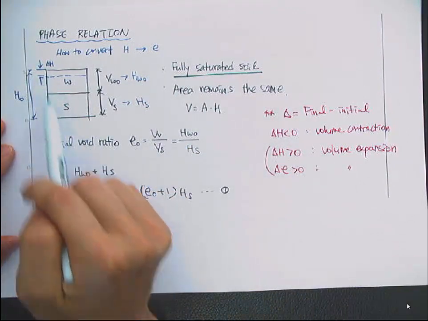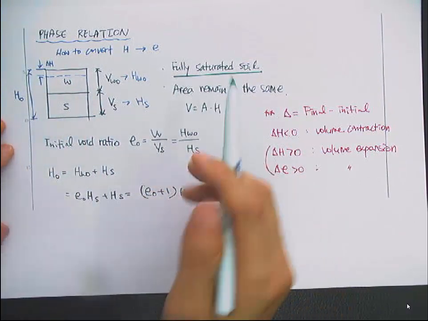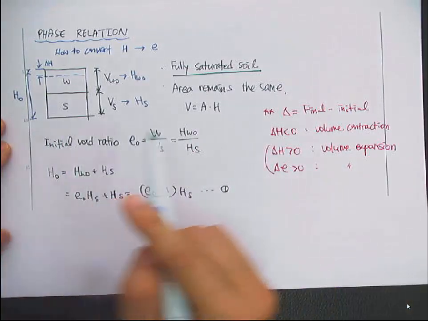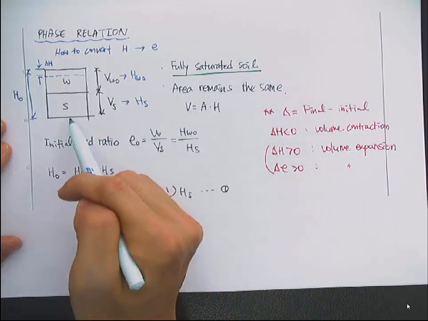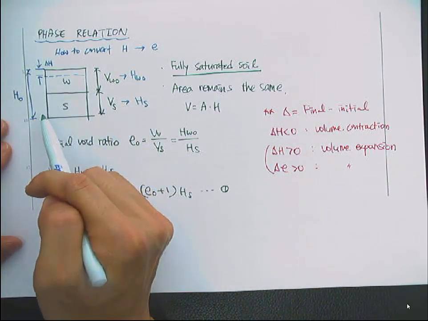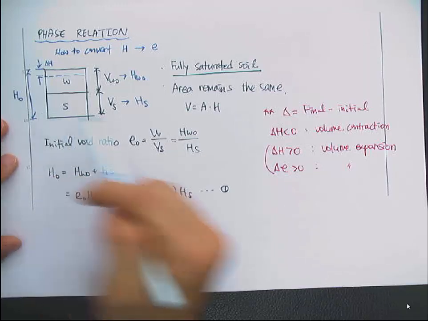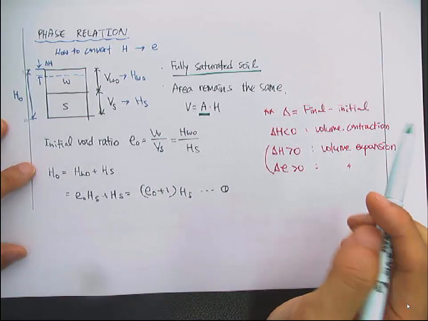So in the phase diagram, we have only the water phase and the solid phase. And it's a one-dimensional consolidation test, so the area remains constant. So the height change can be related to the void ratio and the volume directly, because the area stays constant.